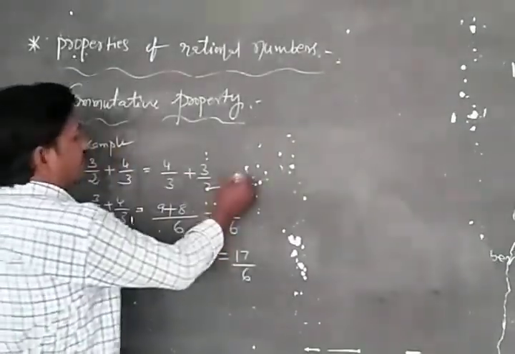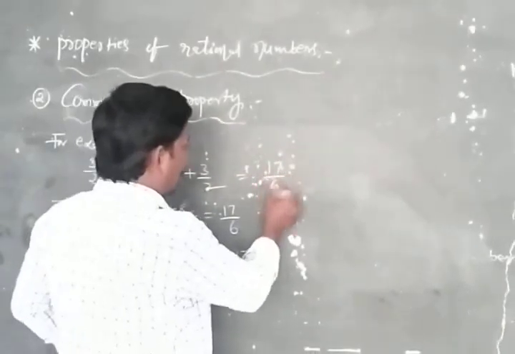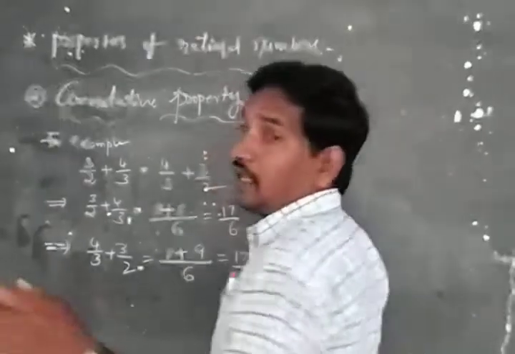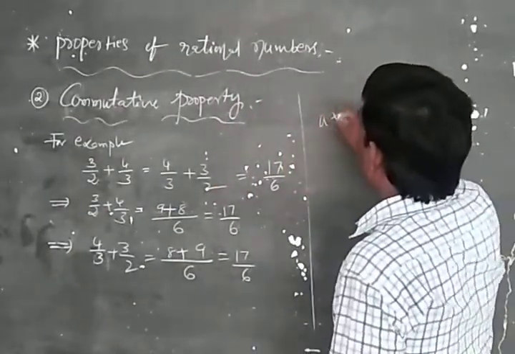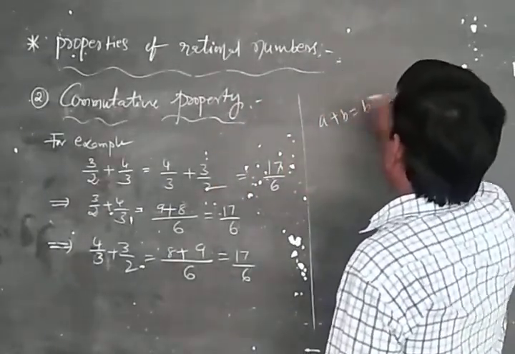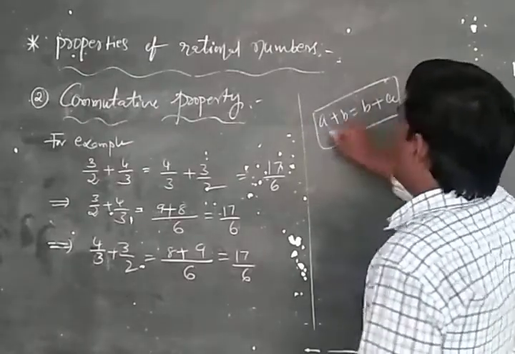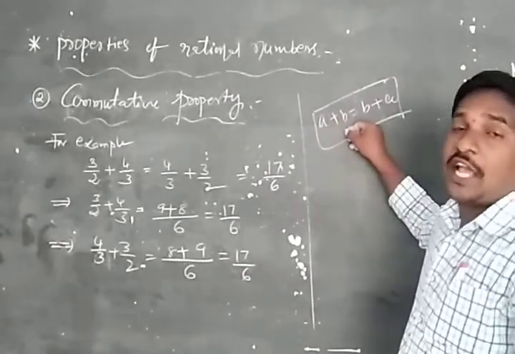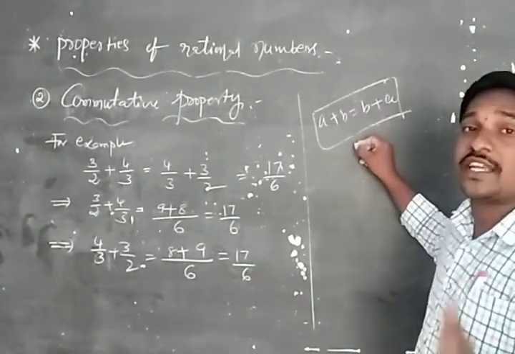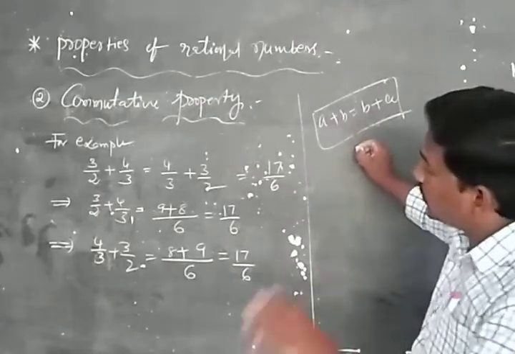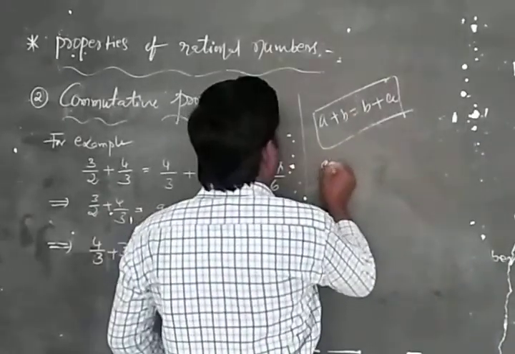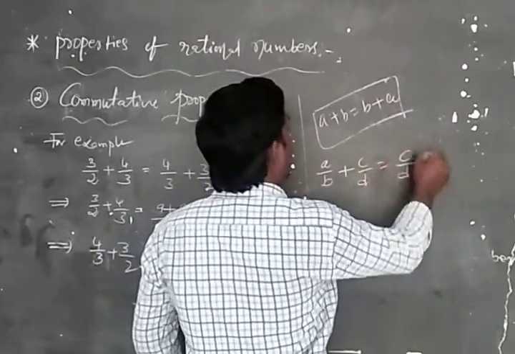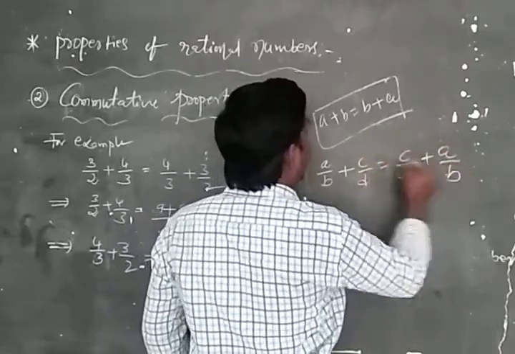So from that, we know that for natural numbers, a plus b equals b plus a. If a, b are natural numbers, the natural numbers satisfy the commutative property. So here also a/b plus c/d equals c/d plus a/b.